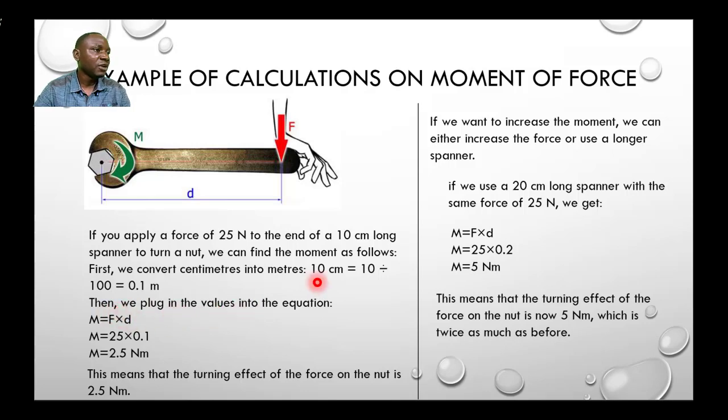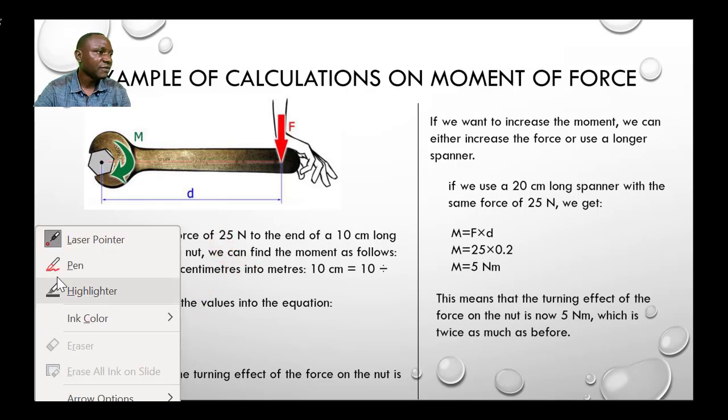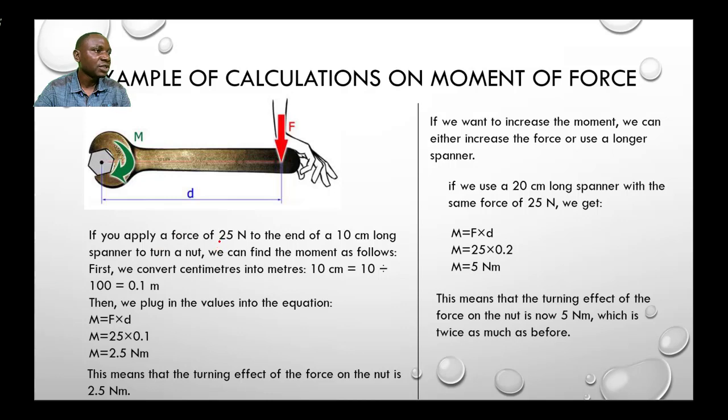Then when you have done that, recall that we said that moment of force is force multiplied by the perpendicular distance. Now from the question, we are given 25, this is 25 as the force that is acting. We are given 10 centimeter, that's the perpendicular distance. We have converted this 10 centimeter to meter, which gave us 0.1 meter. And this is the formula that we are going to be using to calculate it.